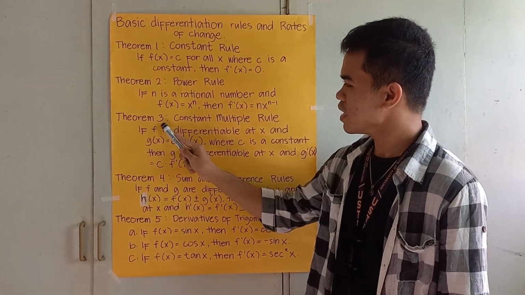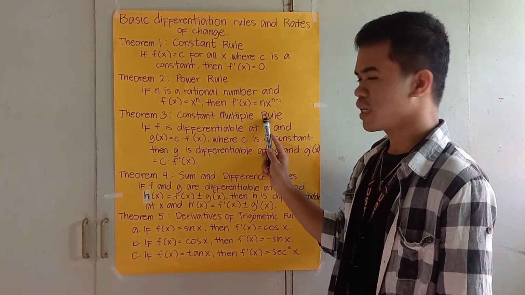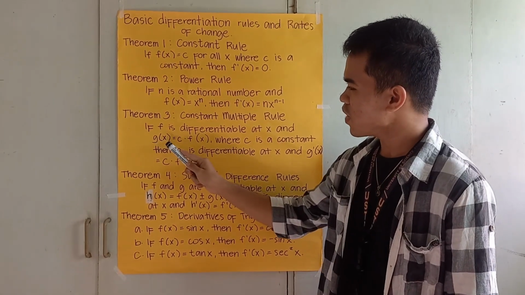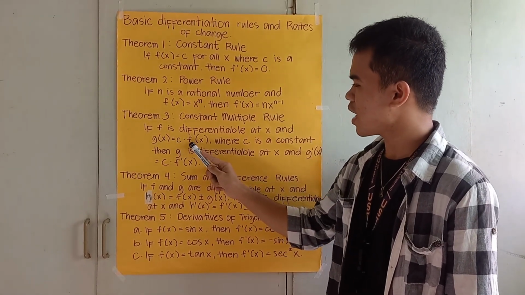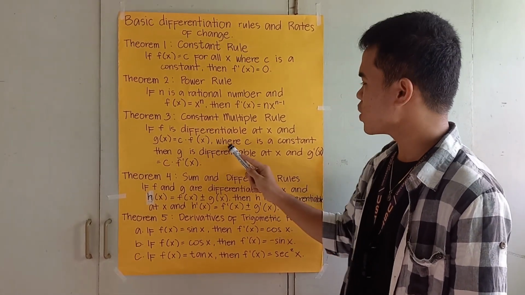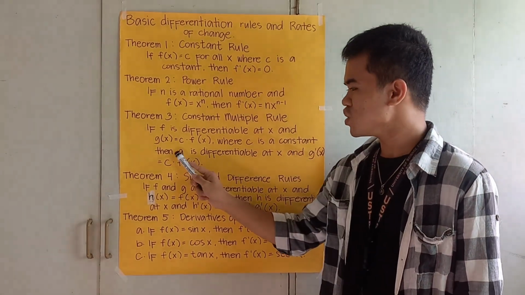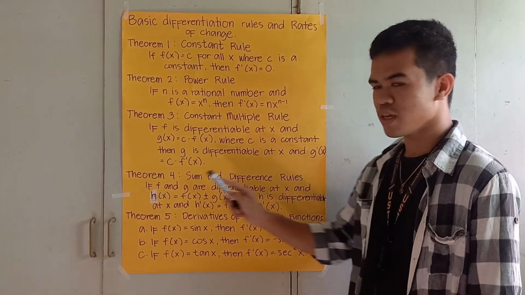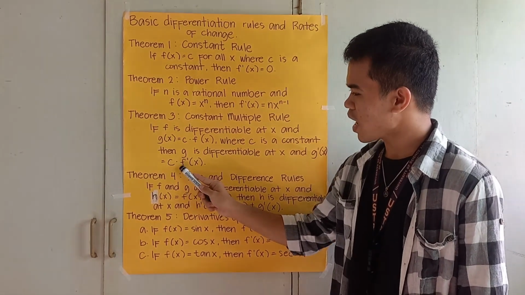For theorem 3, constant multiple rule: if f is differentiable at x and g of x equals c times f of x, where c is a constant, then g is differentiable at x and g prime of x equals c times f prime of x.